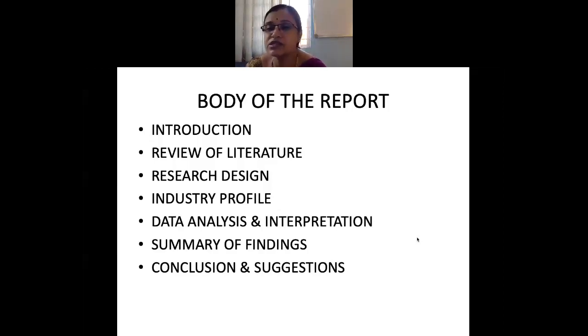Suppose it is finance, it starts with the basics. Let us say I'm doing capital structure, so I start off with how this concept of finance emerged. Then what are the various decisions taken in finance, then we come to the theories of capital structure, and then we speak about the theories of Modigliani and Miller.